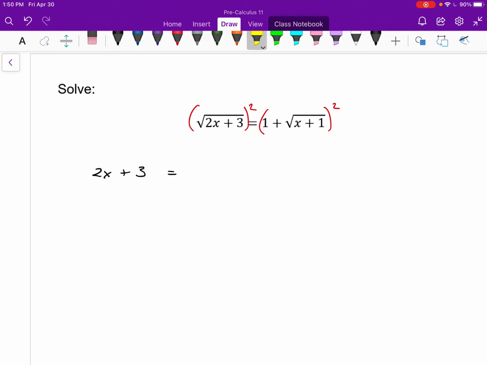The right side, I have this binomial with a radical in it, but it's not that bad. It's going to be a trinomial, 3 terms. My first term is going to be 1 squared, which is 1. My last term is going to be root x plus 1 squared, which is just x plus 1. And my middle term is going to be 1 times root x plus 1 times 2. So 2 root x plus 1.